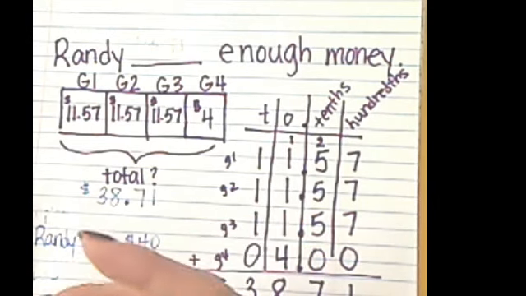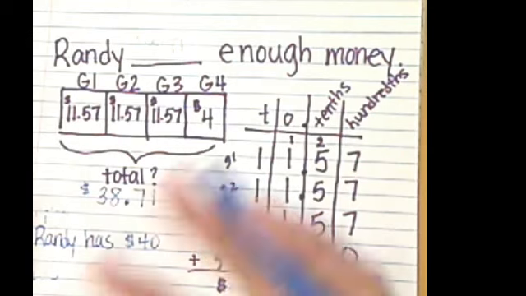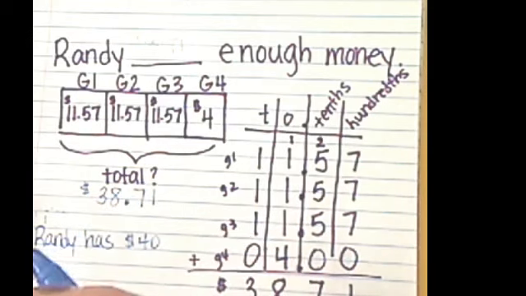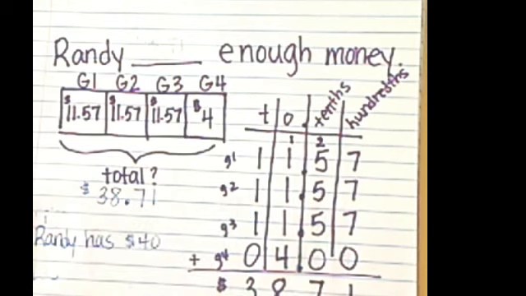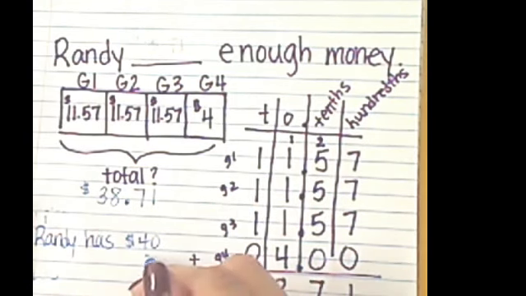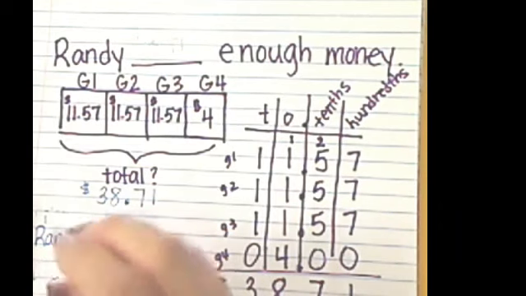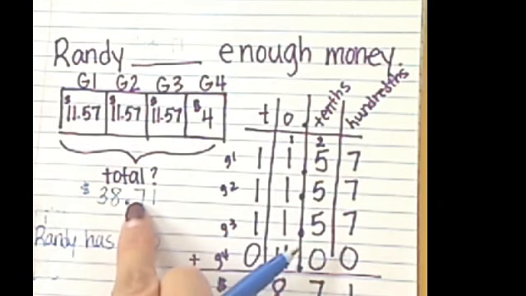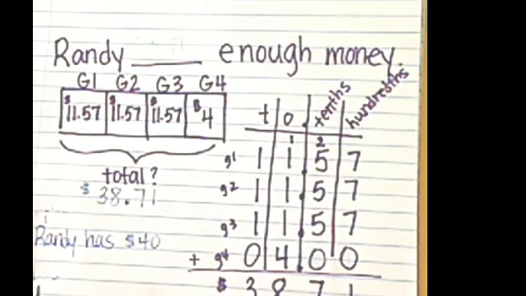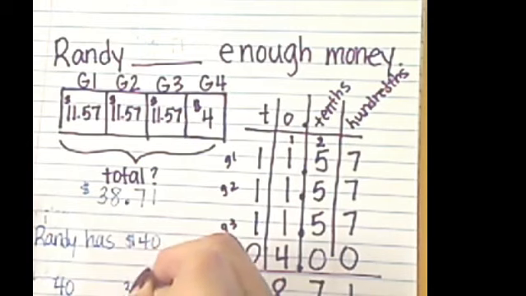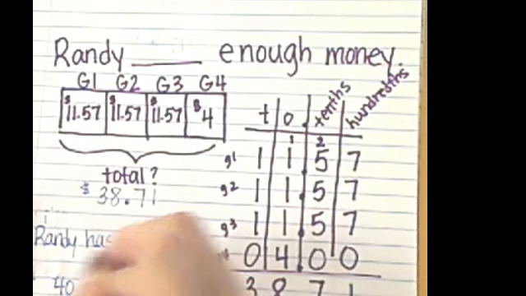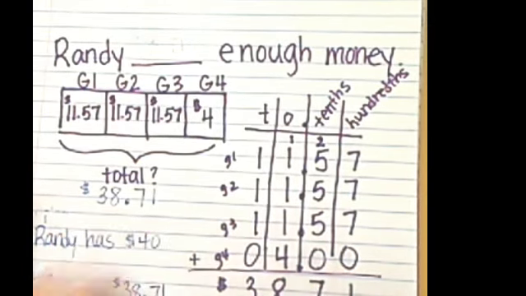When you want to buy something, you want to make sure that you have more or the same amount as what that thing costs. Because if you have less than what that thing costs, will the store let you buy it? Probably not. So let's compare. We want Randy to have more or the same amount of money as what his games cost. So let's compare 40 and $38.71. Okay, which one is more?